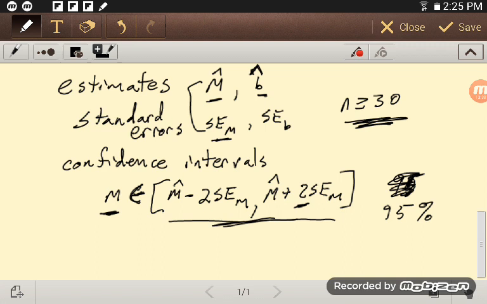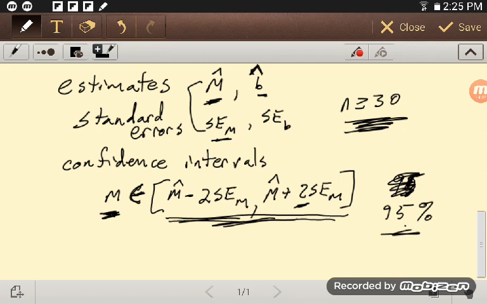But if we've got a decent size data set, then this 95% confidence interval, as we call it, we just go plus or minus 2 standard errors on each side of our estimate, and we figure the real answer is probably in there somewhere 95% of the time.